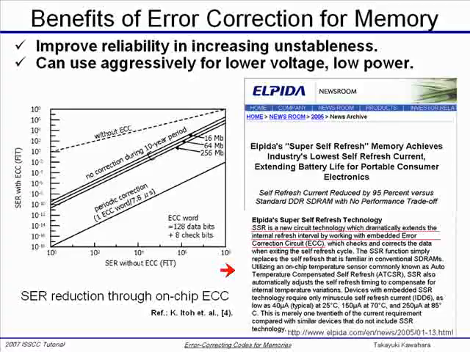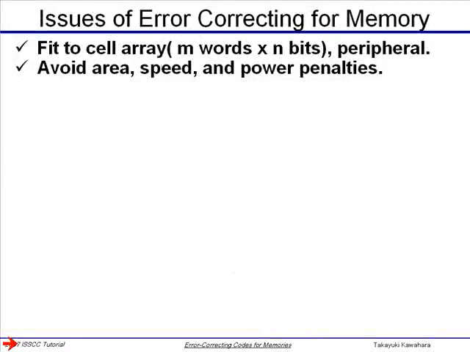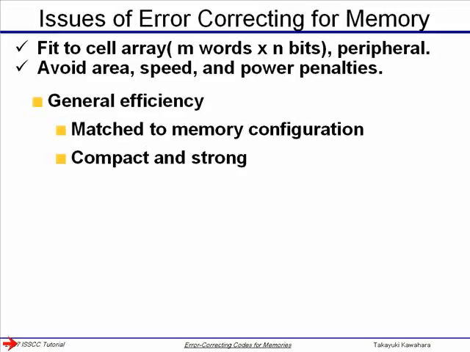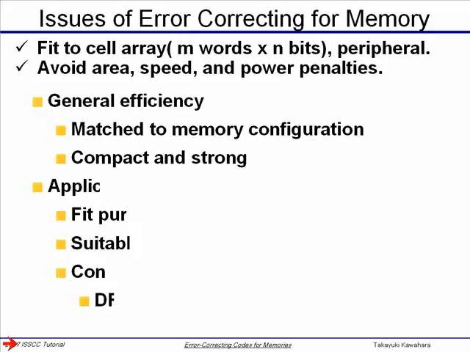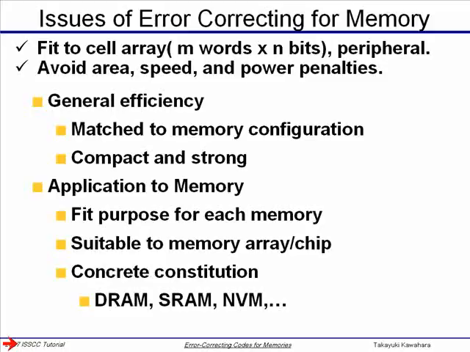But the issue for electronic memory is that it should fit the memory configuration. Of course, error correction itself has a general efficiency, but some technologies do not match the memory configuration. We choose the technology that matches the memory configuration. Also, it should be compact and strong. This is a little bit the same with the application of the memory, so the purpose of each memory should be matched.